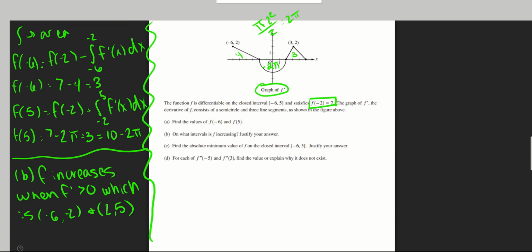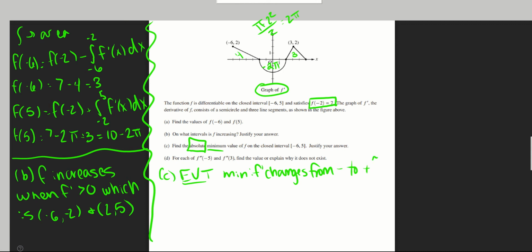Now for part C, we're trying to find the absolute minimum value. So that actually means what we're using here is EVT. One other thing we need to remember is that a minimum is going to happen where f prime changes from negative to positive.